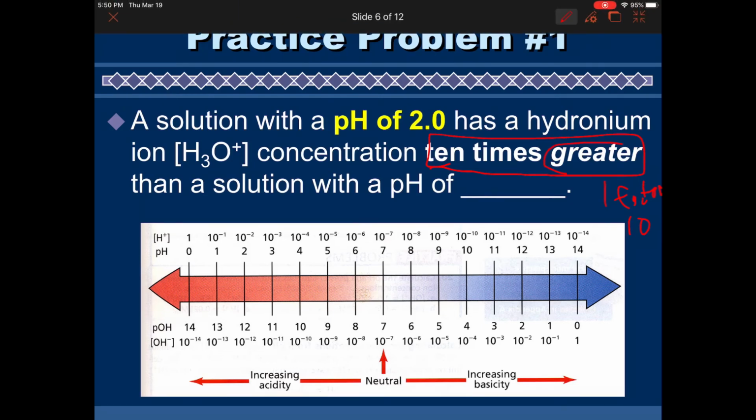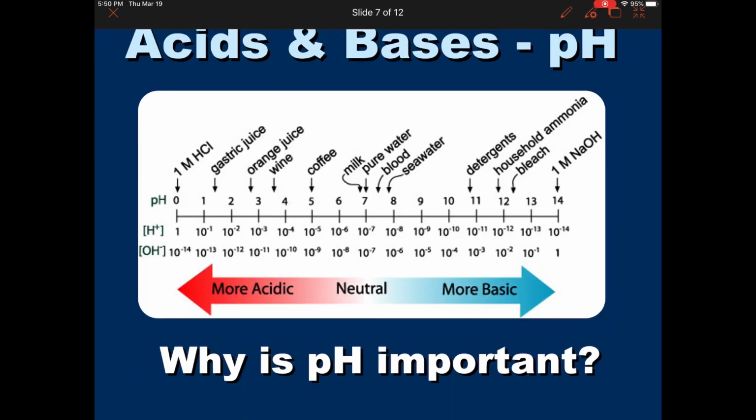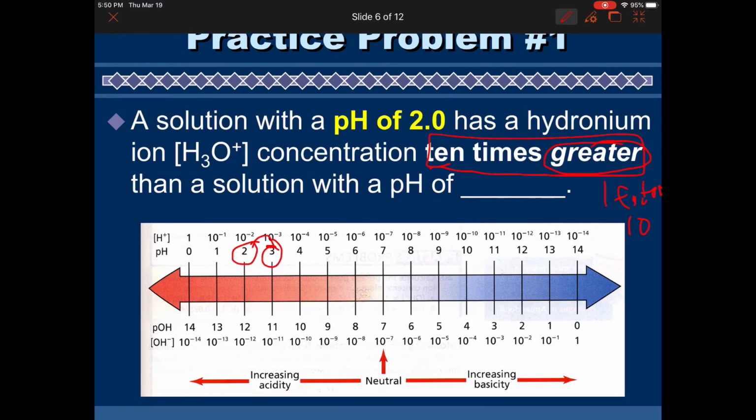It's this word right here, the greater word. If we have 10 times greater, it means we are lower in pH. So we're right here at a pH of 2. We're going to have 10 times greater H plus than a pH of 3. So a pH of 2 has 10 times the amount of hydronium ions than a pH of 3.